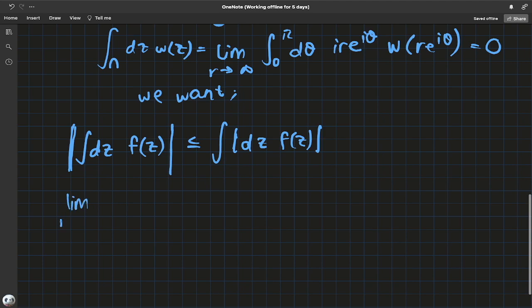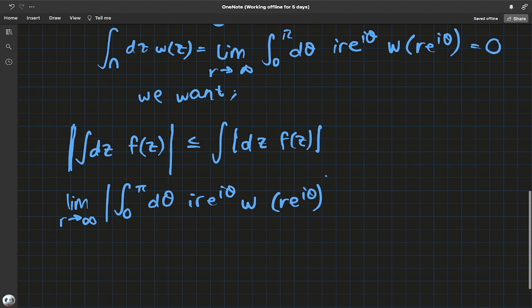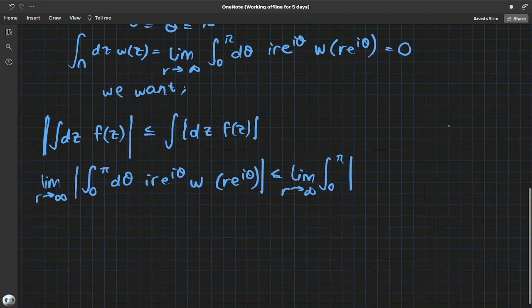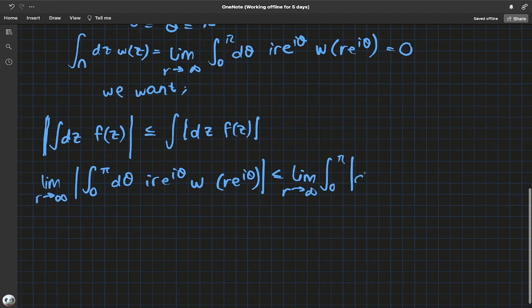So what if we have the substituted guy here, the parameterized guy? We have d theta i r e to the i theta, and we take the magnitude inside and the integral outside with this inequality introduced. d theta, the magnitude of i is 1, the magnitude of e to the i theta is 1, so you just have r w of r e to the i theta.